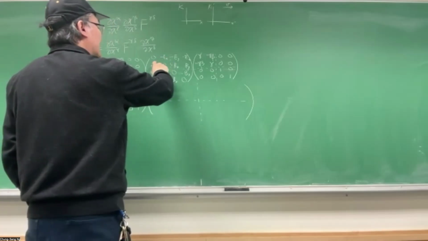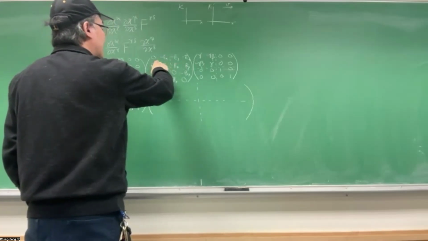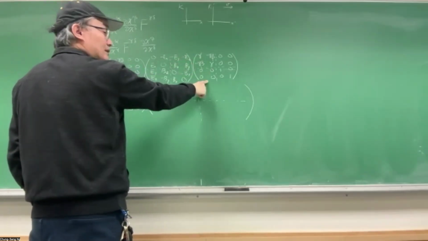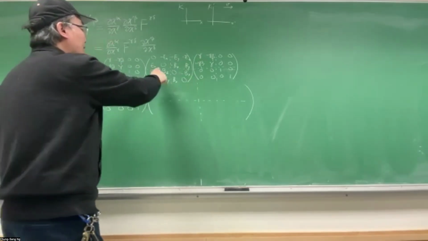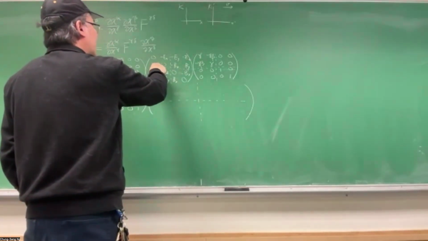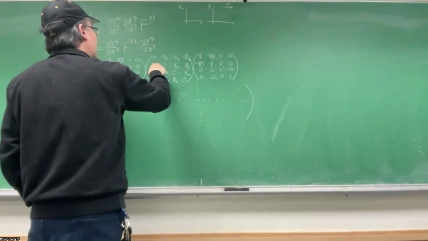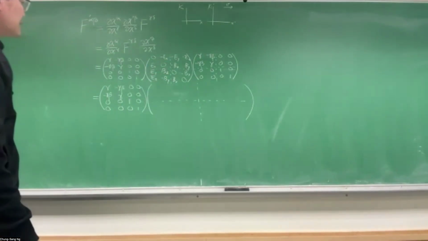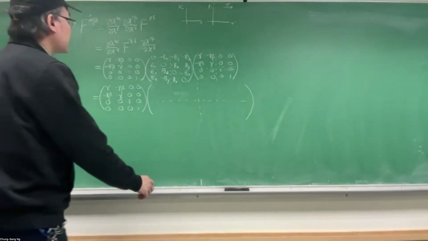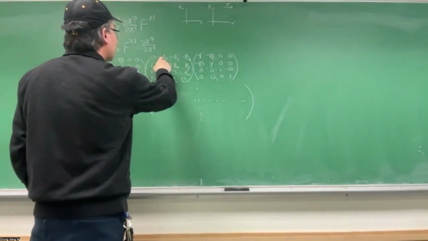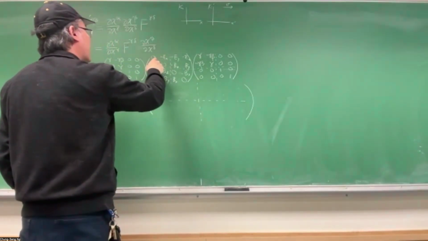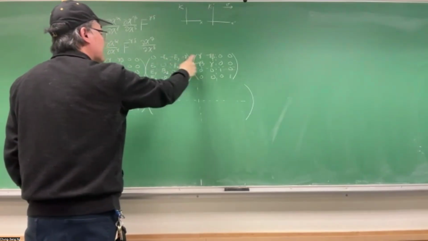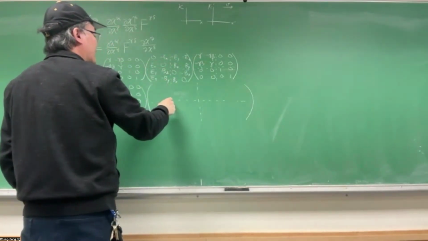There's some symmetry in the individual multiplication, like this element is this times this plus this times that. This one is anti-symmetric, so it's E_x and minus E_x. This is a symmetric matrix, so the result will be anti-symmetric.